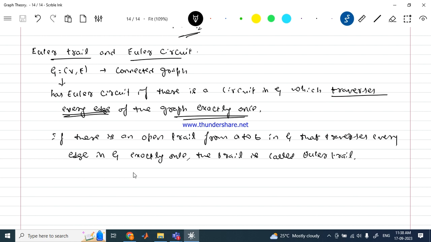Now let me consider this example and I'll explain what we're exactly talking about. This is the most common question on this. Find an Euler circuit first, for the following graph.